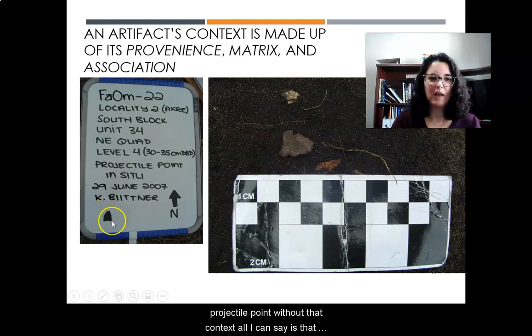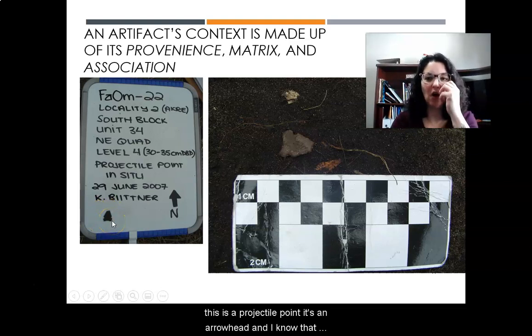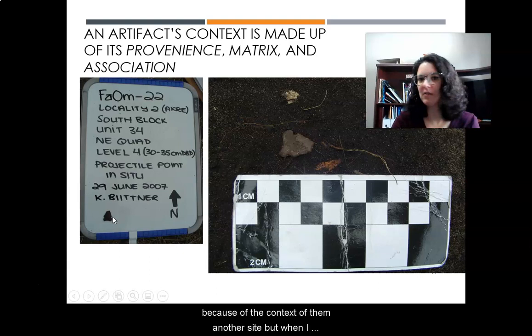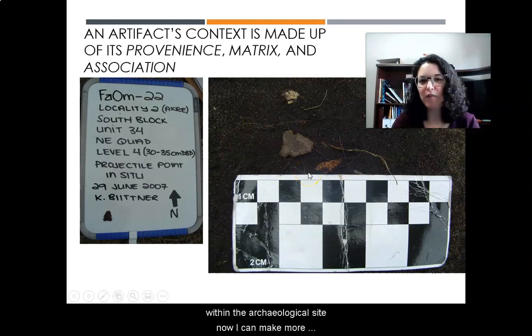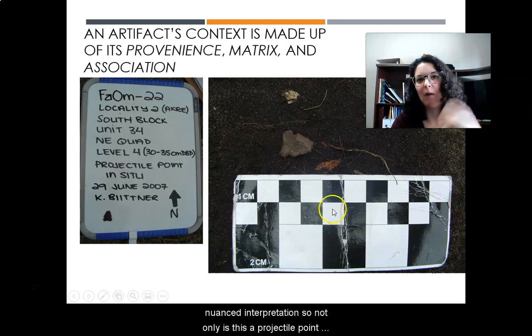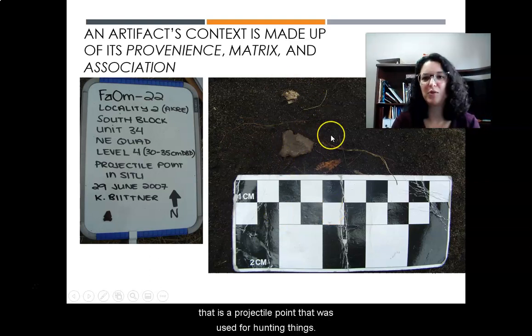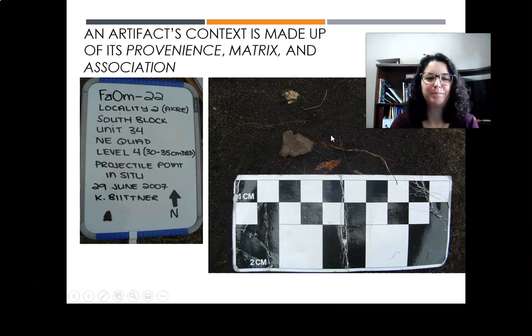So see, if I just have a projectile point without that context, all I can say is that this is a projectile point. It's an arrowhead. And I know that because of the context of them in other sites. But when I consider its association with other artifacts and ecofacts within the archaeological site, now I can make more nuanced interpretations. So not only is this a projectile point, but it's a projectile point that was used for hunting bison.